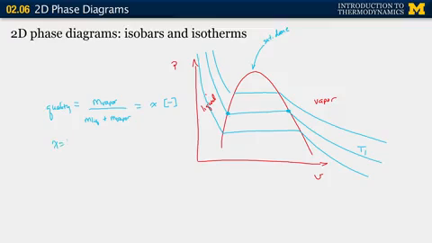So X equals 1 is saturated vapor, and X equal to 0 is a saturated liquid. And so these lines, these isotherms, which are also isobars within the saturation region, are defining this line up to the critical point. That defines the line where the quality is equal to 0.